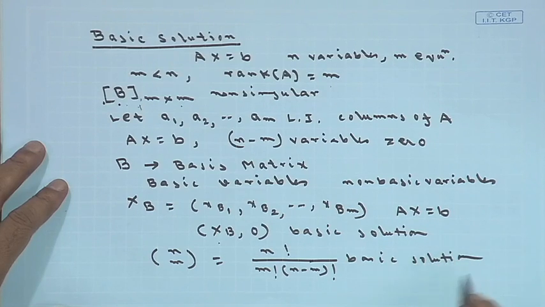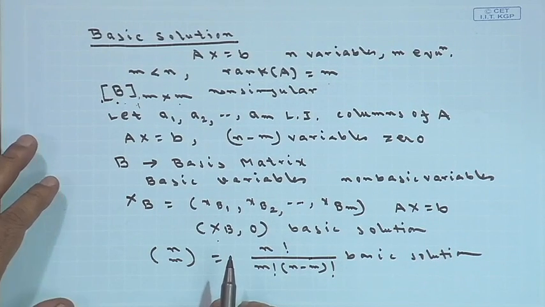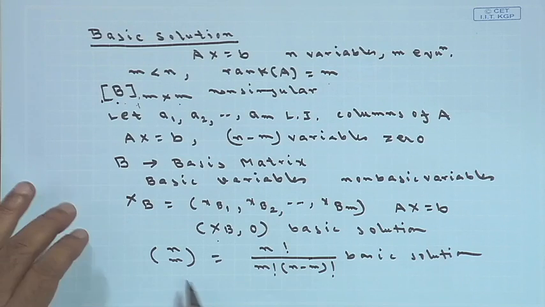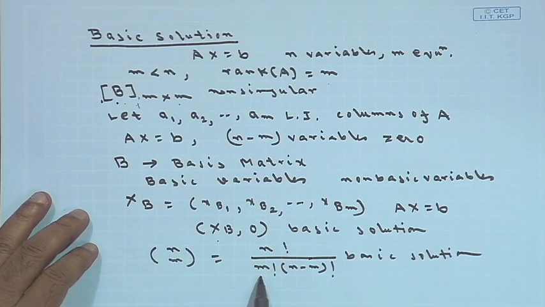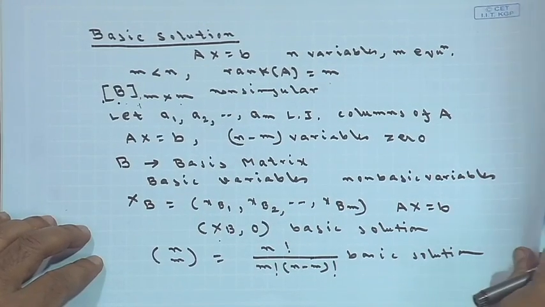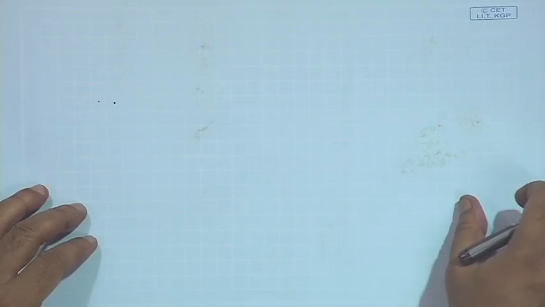Maximum what you can get, by making all the possible combinations, is factorial n by factorial m into factorial n minus m basic solutions. Let us take an example, since we are giving the solution of a system of equations.